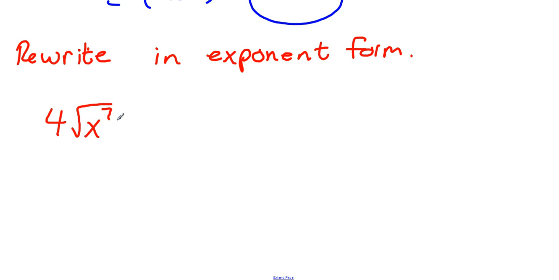So you have 4 times the square root of x to the 7th. This is one of those where you just have to be careful with how they've got this set up. You've got to think about it where there's the multiplication in the middle, that it's 4 times x to the 7th.